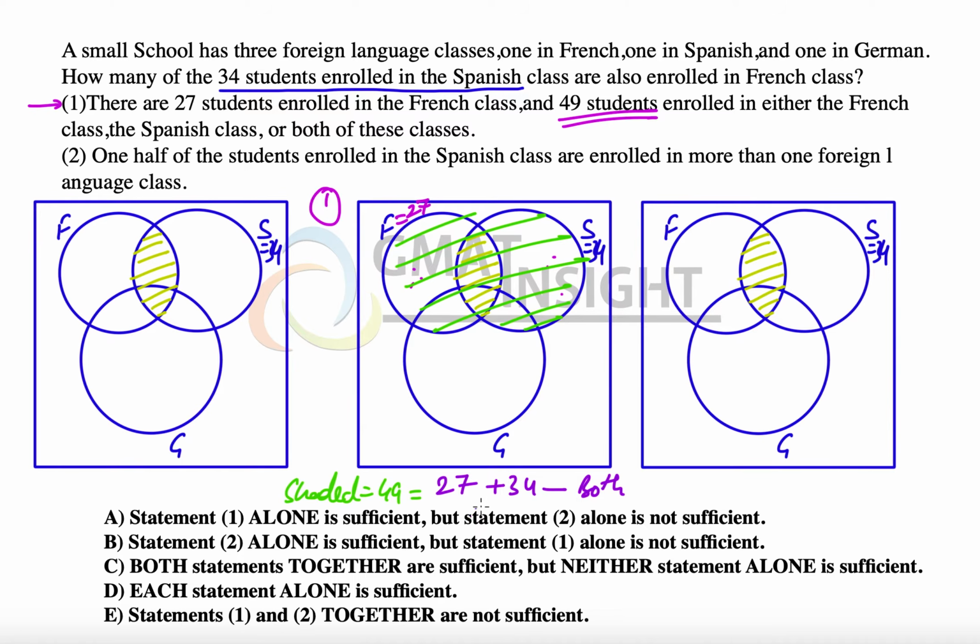So the students who have enrolled in both these classes will be equal to 61 minus 49, which means 12, and that clearly means that the first statement alone is sufficient to answer the question, which leaves us with only two options, either option A or option D. Right? So the first statement is sufficient.